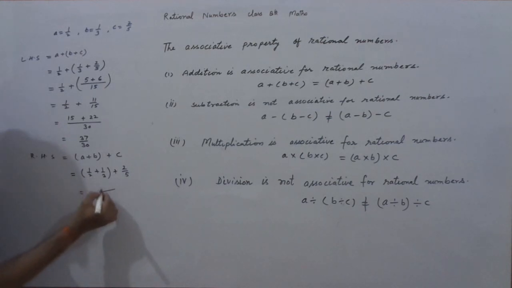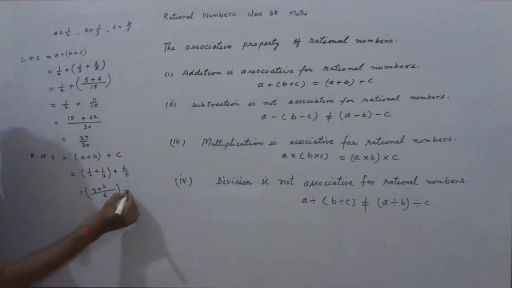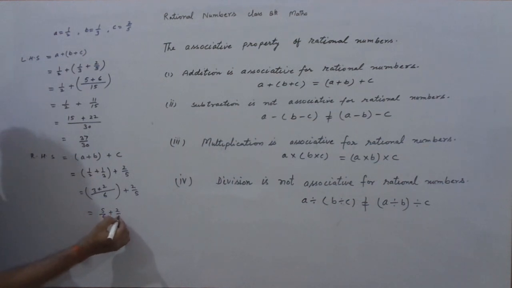Taking LCM of 2 and 3, we get 6. 2 times 3 is 6, 3 plus 2, and plus 2 upon 5. It is 5 upon 6 plus 2 upon 5.